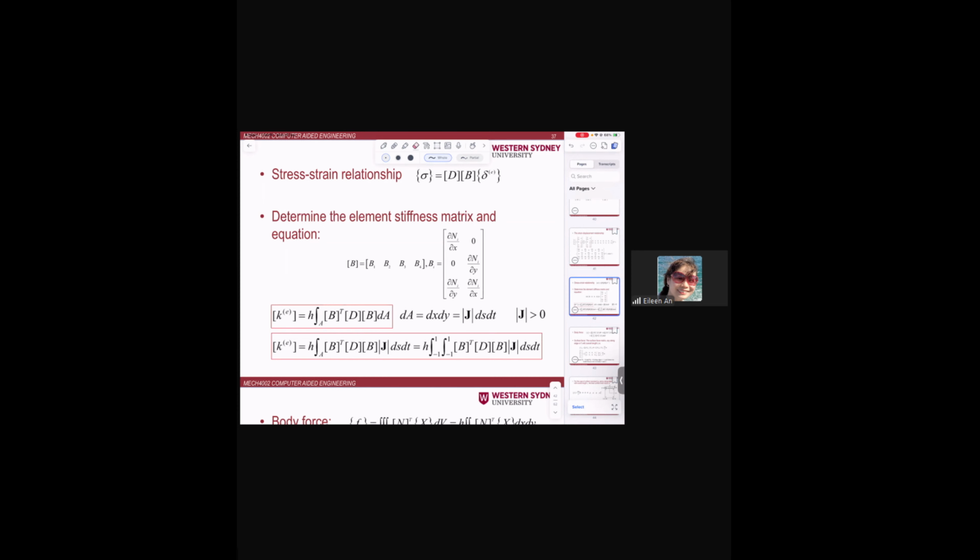So we can calculate this K matrix in its local coordinate system, and it wouldn't affect the assembling method when we assemble all the K matrices together.